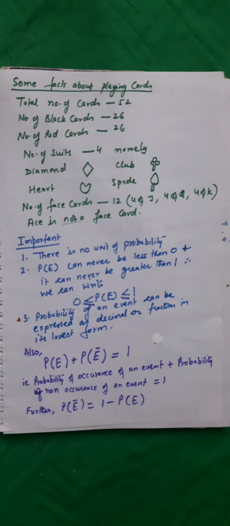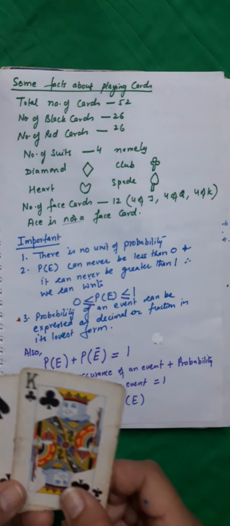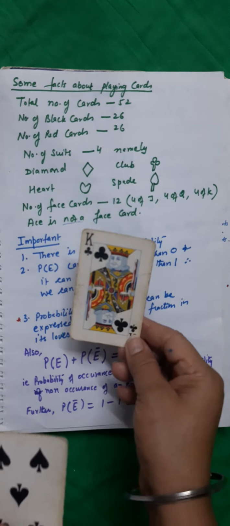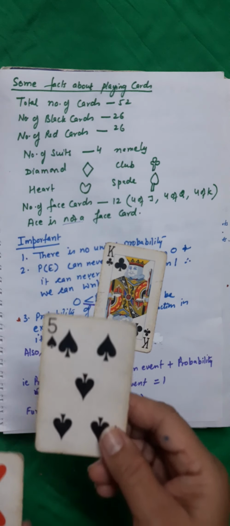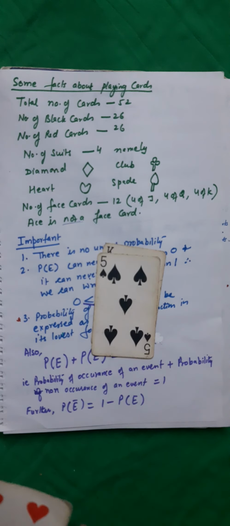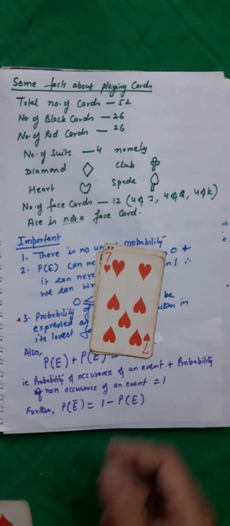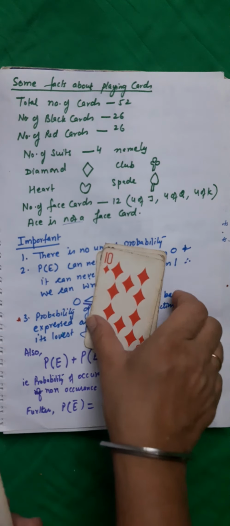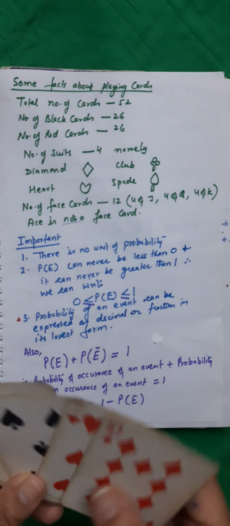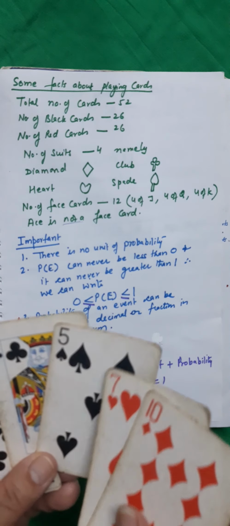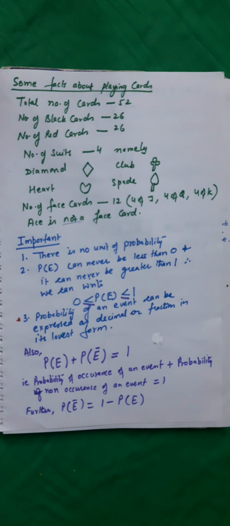Here I have some cards, you can always see. This is club, this is spade, this is heart and this is diamond. And we notice that there are 2 types of cards, black as well as red.